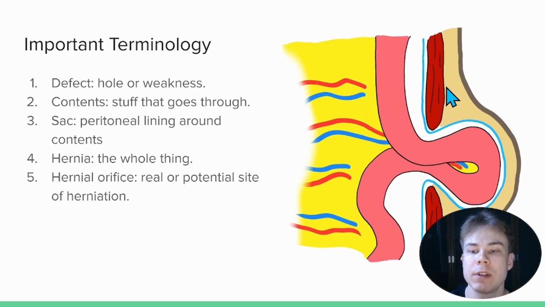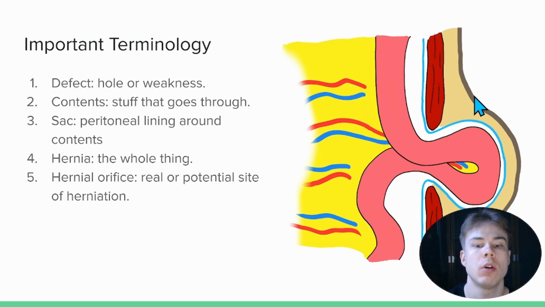So often what you have is a weakness, and then through increased intra-abdominal pressure these intra-abdominal contents gradually push through, and they widen the weakness, which then becomes a defect, and they stretch the parietal peritoneum so that there is a sac, which is just parietal peritoneum lining the new place where the bowel has herniated. The hernia just kind of refers to the whole thing, so the defect, sac, and contents.